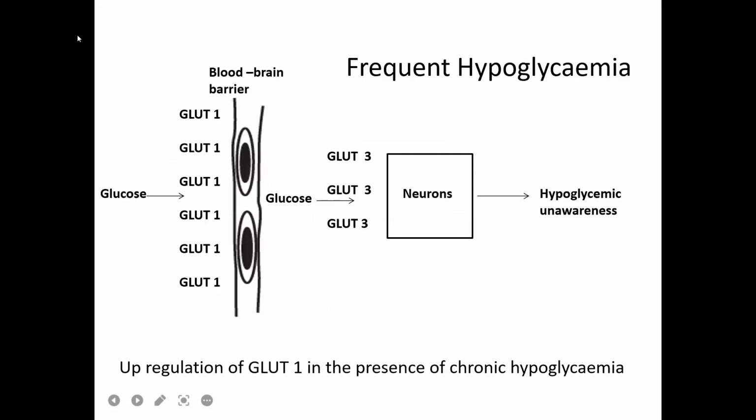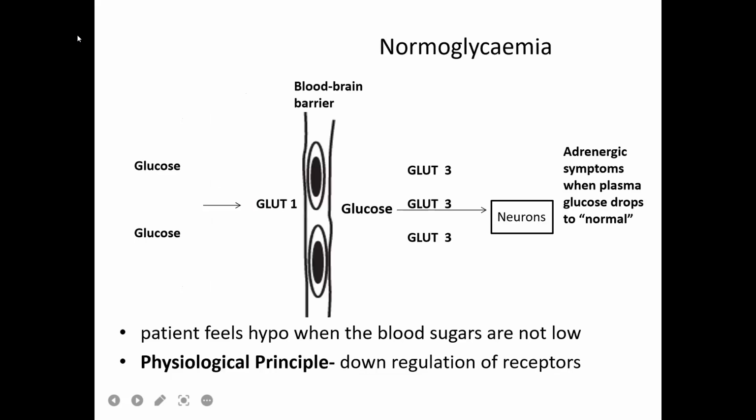What happens when there is frequent hypoglycemia? This is normoglycemia.